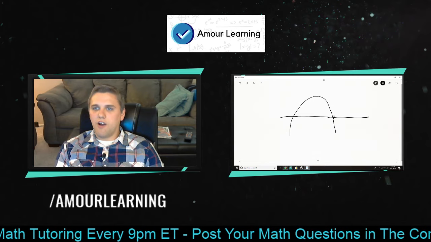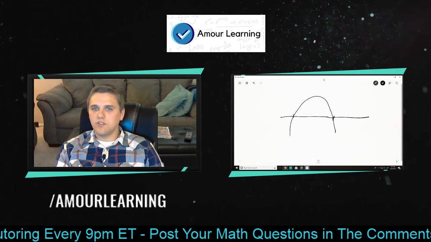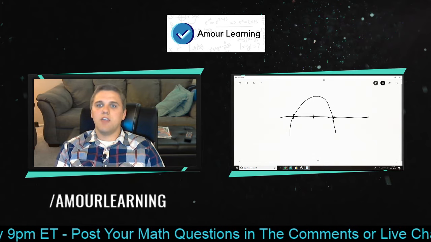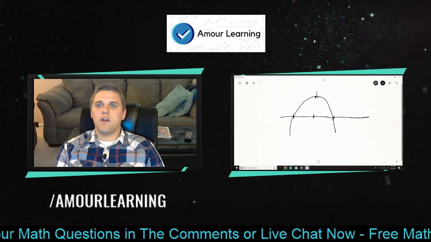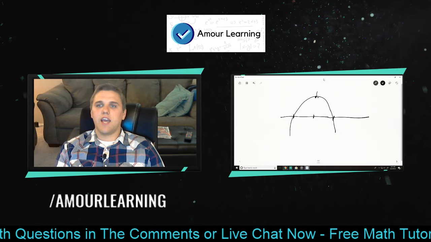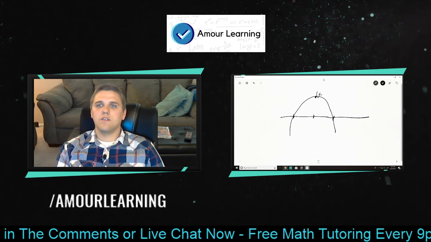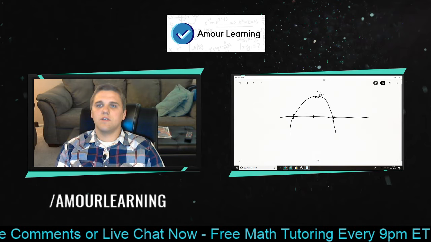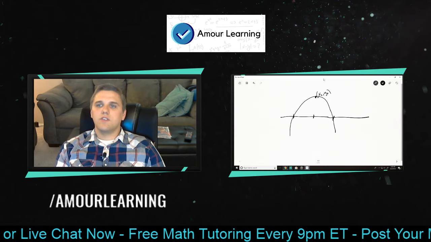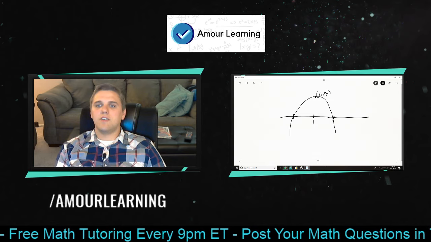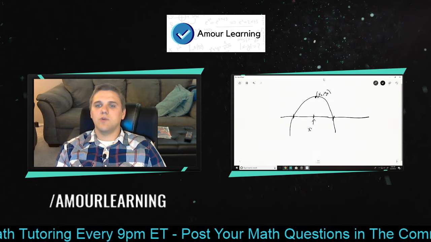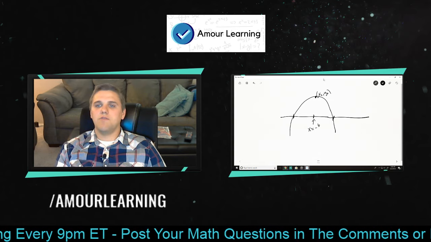Here we have our two zeros, our two x-intercepts, but right here in the middle is the x value of our vertex. That is our vertex right there of the parabola. And this x value is x equals negative b over 2a.